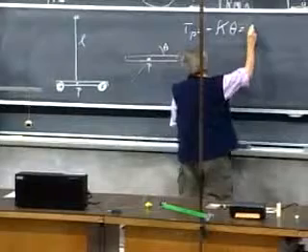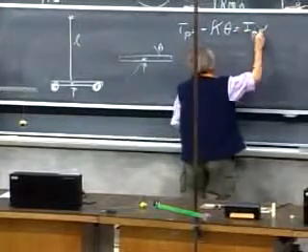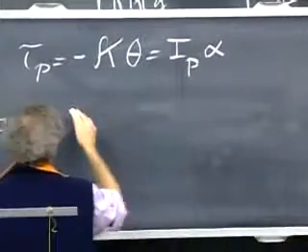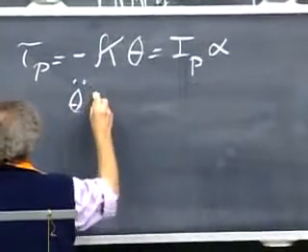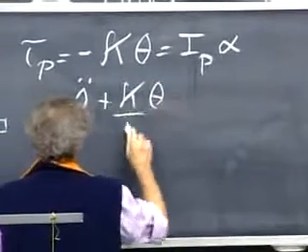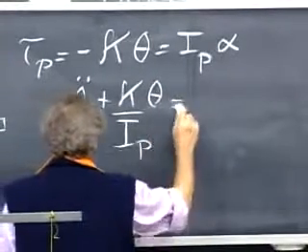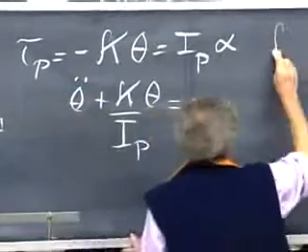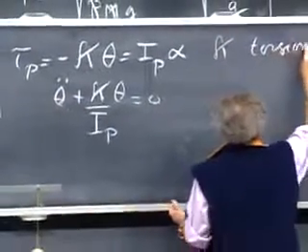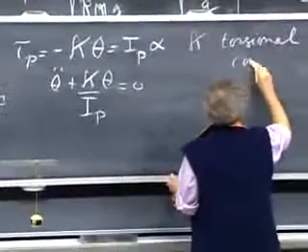And this is the moment of inertia about point P times alpha, and alpha is theta double dot. So we're going to get theta double dot plus kappa times theta divided by I_P equals 0. Kappa, by the way, is the torsional constant.